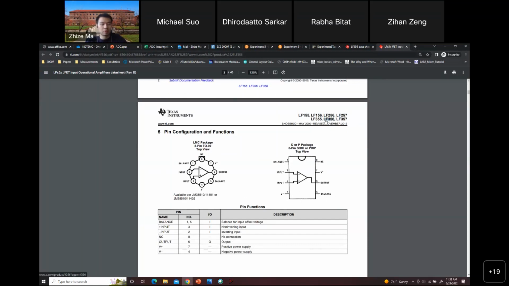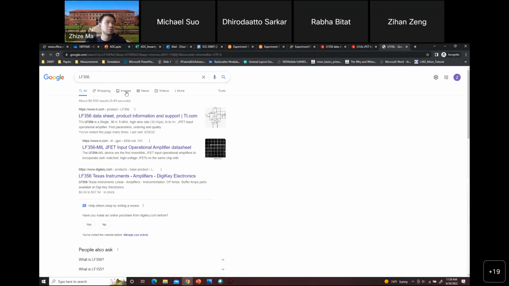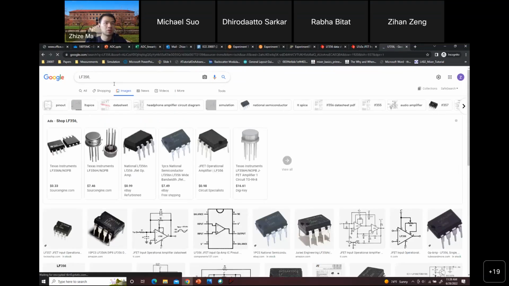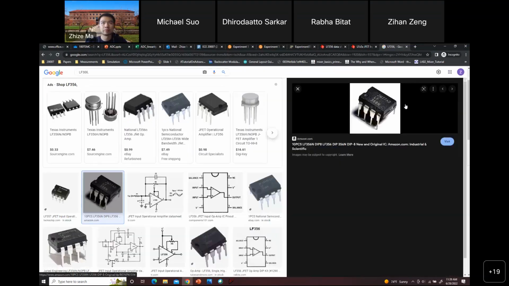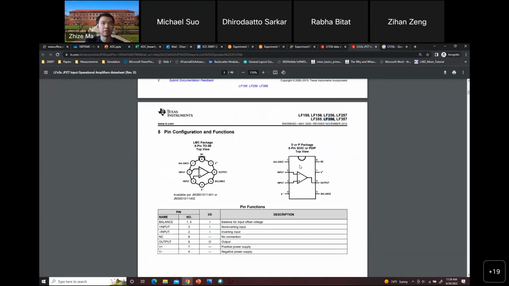Let me go back to the image. On your chip, there should also be a little half square like this that indicates the orientation. So you should see your chip exactly this way. Put this as the top, and then the bottom left corner pin is pin 4, which is the negative input.